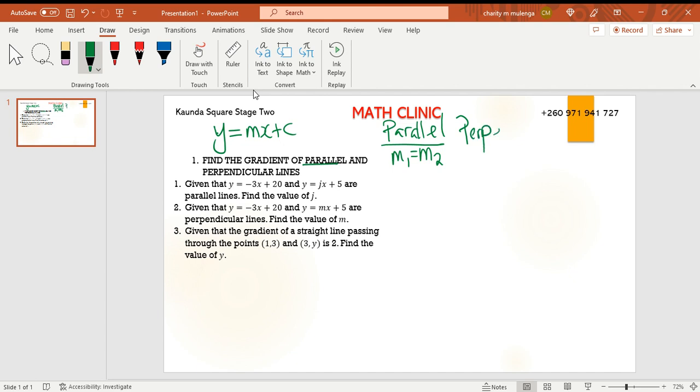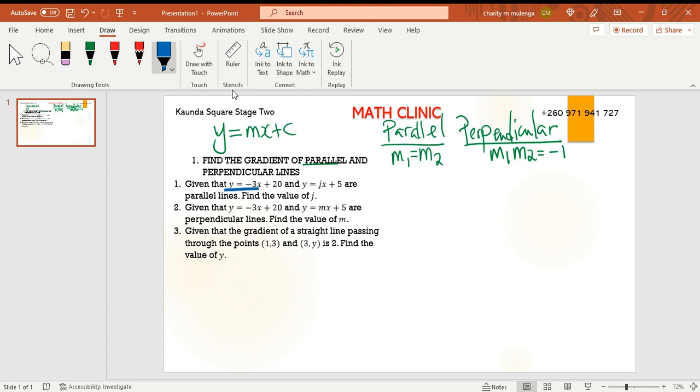Then with perpendicular lines, their gradients are opposite, meaning when you multiply the first gradient by the second gradient, we always get a product of -1. So please, when you're finding the gradient of a parallel and a perpendicular line, you have to bear in mind these two factors. All right, let's delve right in.